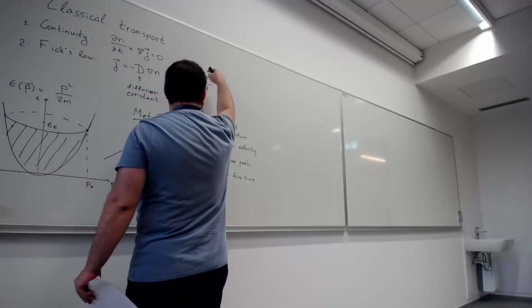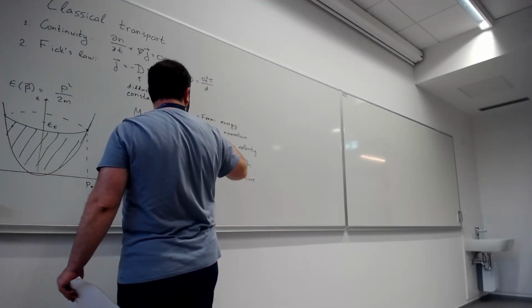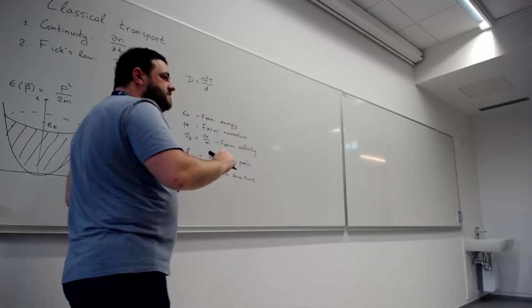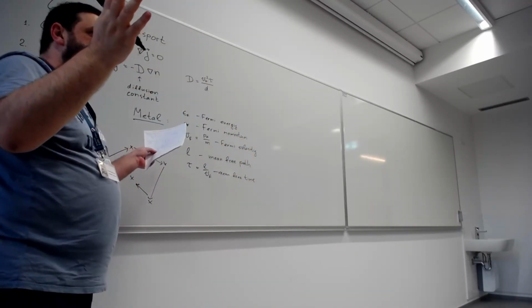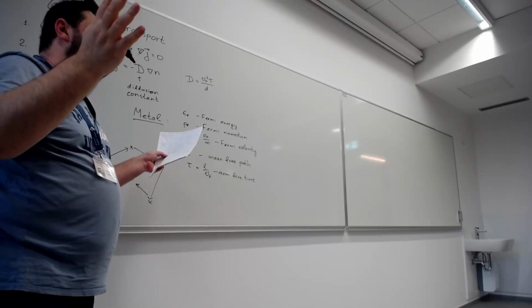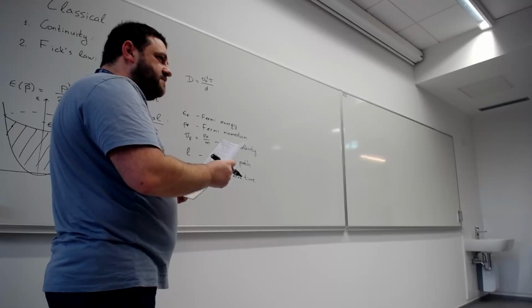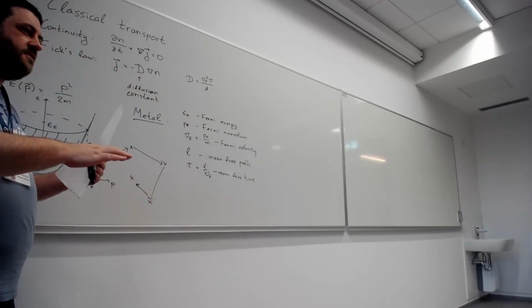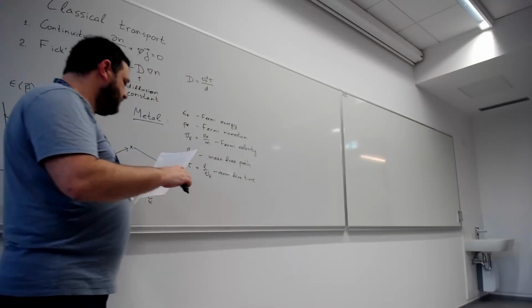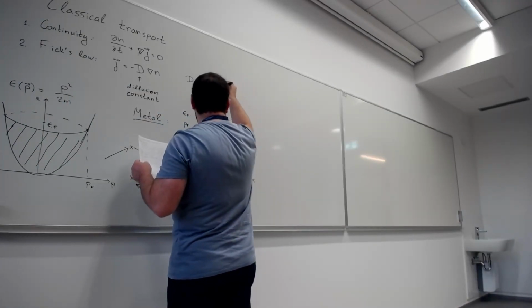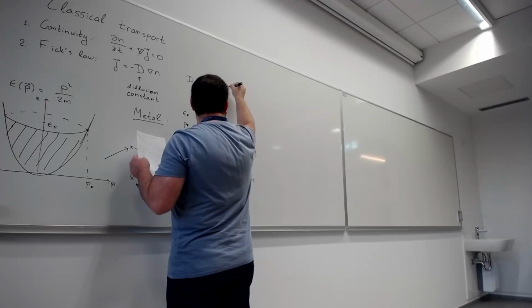So the diffusion constant is Fermi velocity squared times mean free time divided by d, and d is the dimensionality of space. So for our space d equals 3, but actually we can also discuss one-dimensional or two-dimensional metals. Then d will be 1 or 2. And of course, we can also write this in terms of the mean free path.